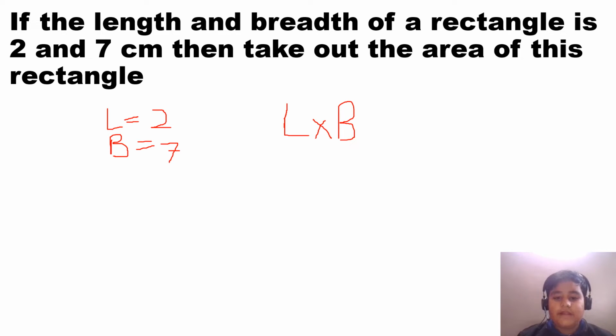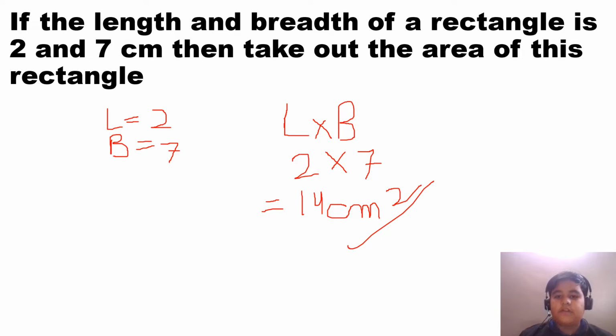So we will multiply these both, like 2 into 7, and 2 into 7 will be equal to 14. It means the area of that rectangle is 14 centimeters square. This is the answer for this question.